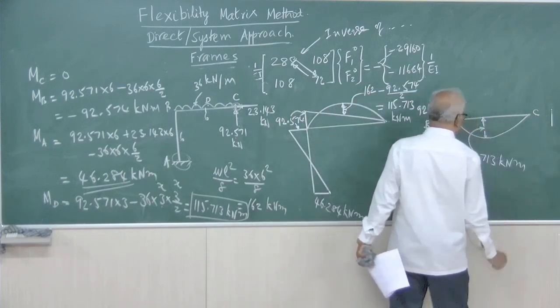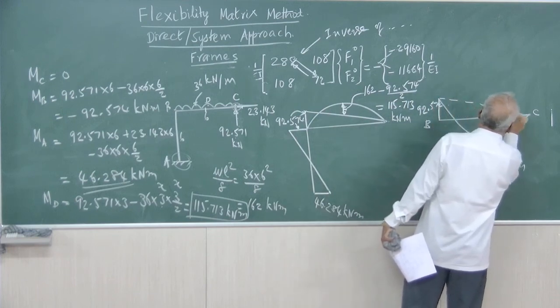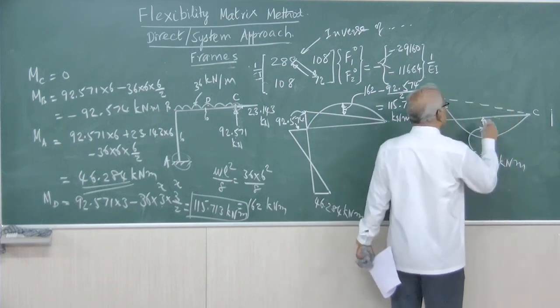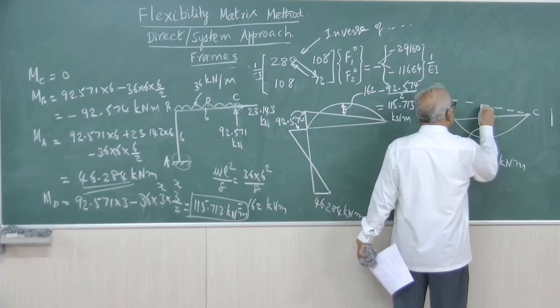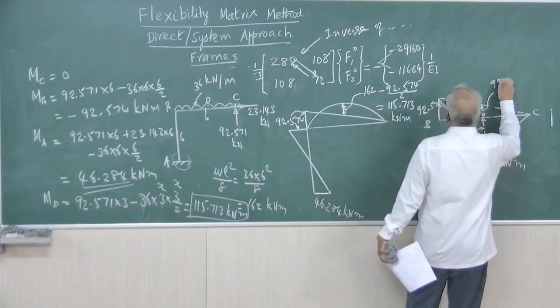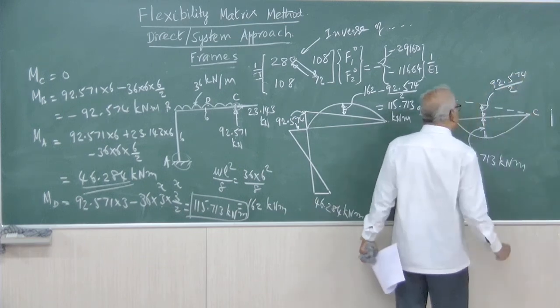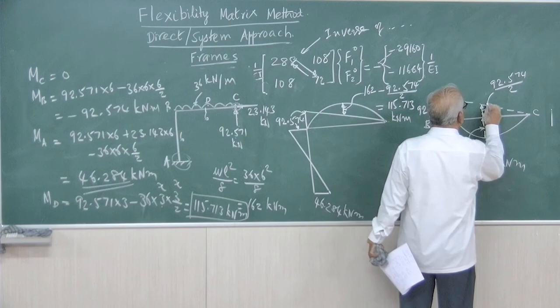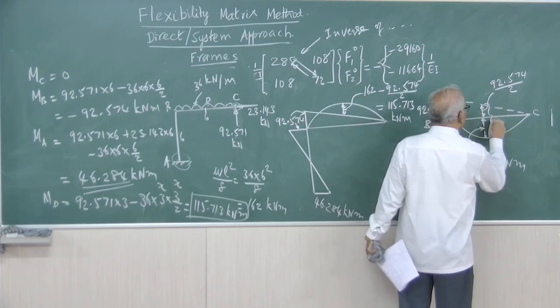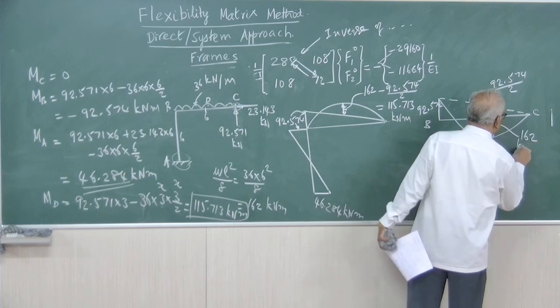Here also, when we extend this line, if it is needed, extend this line. So when this value, namely 92.574 by 2 is added, here also we will find the total value will be 162 kilonewton meter.